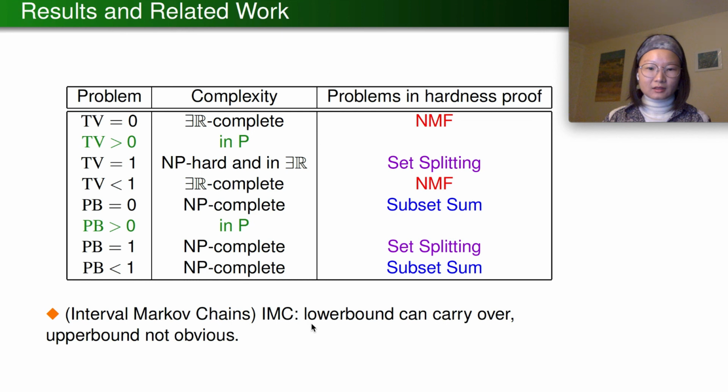We believe that the lower bounds derived in our paper can carry over to the corresponding problems in IMCs, but it is not obvious to us whether the upper bounds hold or not for the corresponding problems in IMCs.